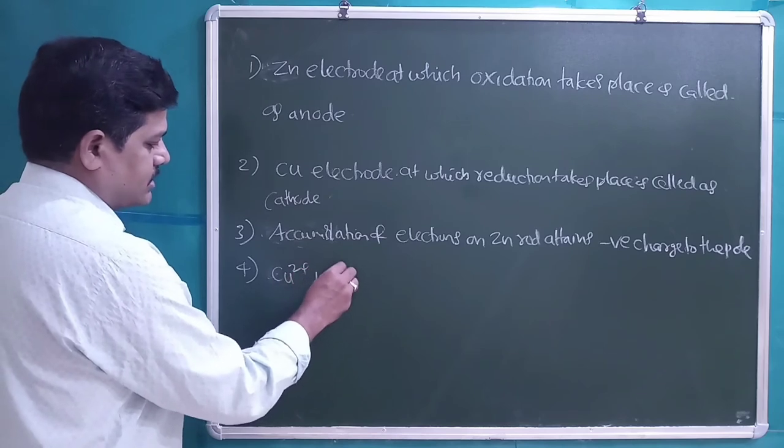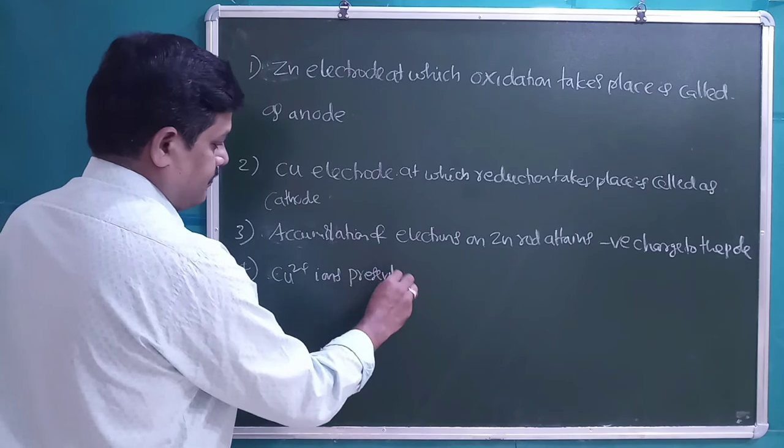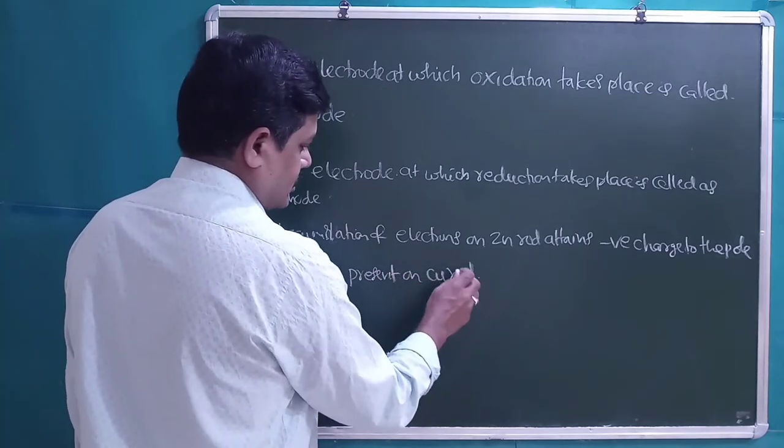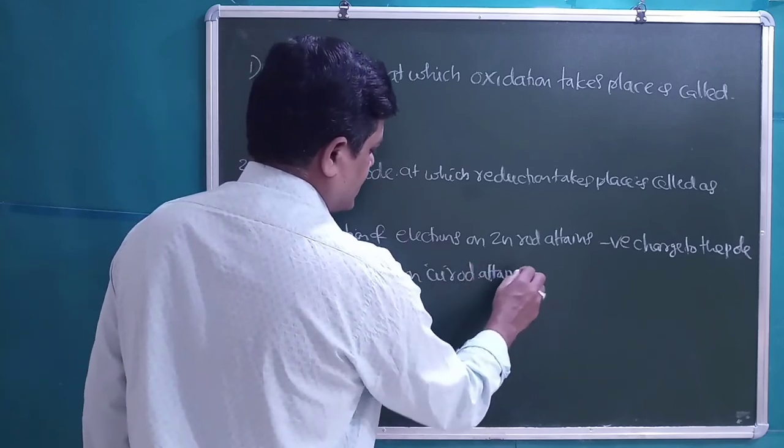Cu2+ ions present on the copper rod attain a positive charge on the pole.